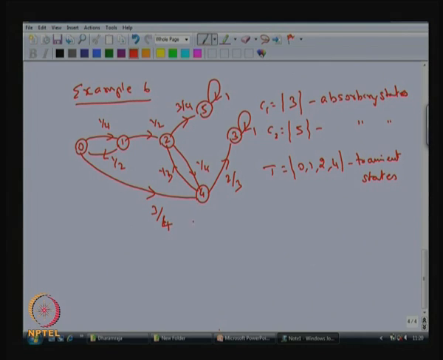Since it is a finite Markov chain and these two states are absorbing states, whenever the system starts from state 0 or 1 or 2 or 4, either it will make a loop or ultimately land up in state 5 or 3 with this arc. Therefore, these 4 states are transient states and this will make a reducible Markov chain.